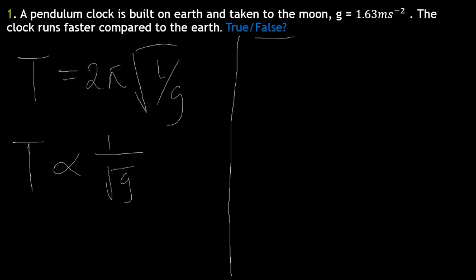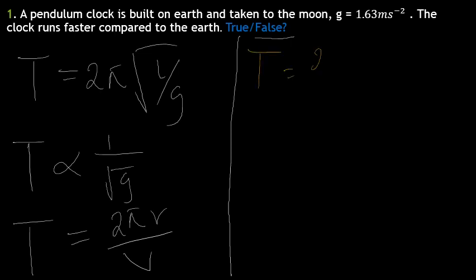Let's prove that. We saw another formula connecting period and speed. That's T is equal to 2 pi R all over V. Do you remember from the popular formula T is equal to 2 pi over omega?